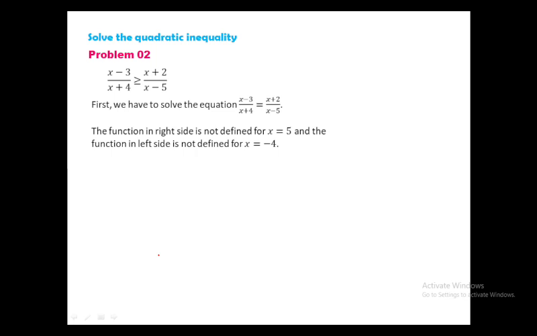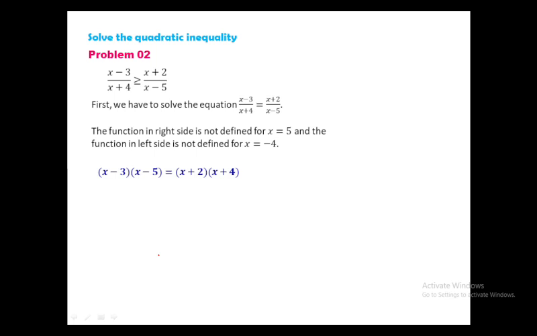That is, x minus 5 should not be 0 and x plus 4 should not be 0. So the function on the right side is not defined for x equal to 5, and the function on the left side is not defined at -4. So the interval should be split at 5 and at -4.